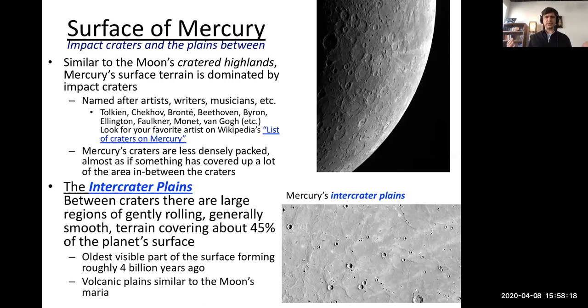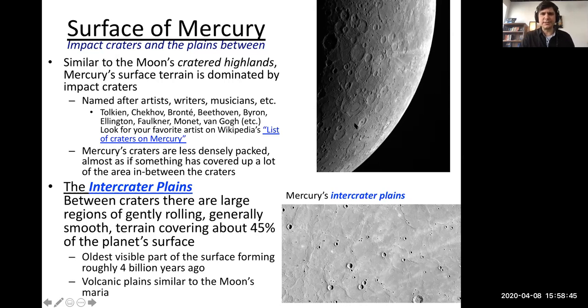So as we were seeing on Mercury, and for this, we'll use this other global image over here. You have all of these old, ancient, big impact craters, and between the craters, you have these smooth plains, gently rolling hills, think like Kansas or Oklahoma, sort of topography between there. We know that they're volcanic rock, they're basalts.